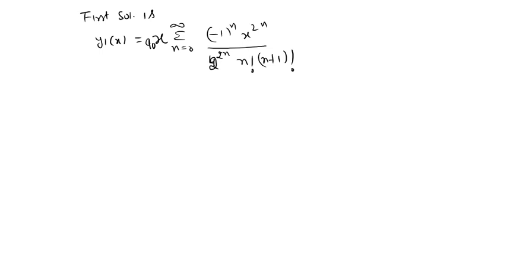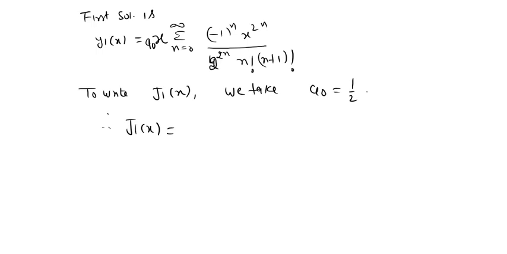To write J1(x), we take a0 equal to 1 by 2. So what is J1 as a solution? You can take the constant as half or 1 according to your choice. So the solution is x by 2 times the sum from n equal to 0 to infinity of (minus 1)^n x^(2n) divided by 2^(2n) n factorial (n plus 1) factorial.